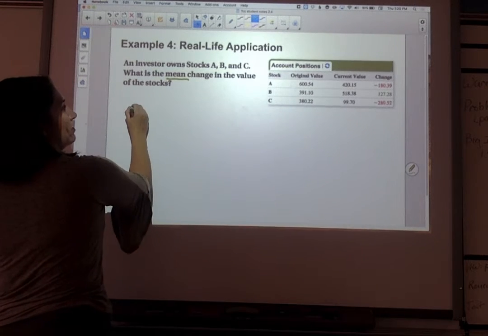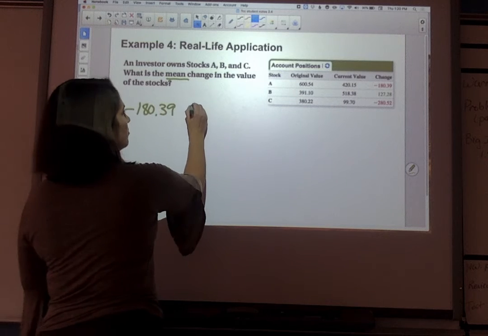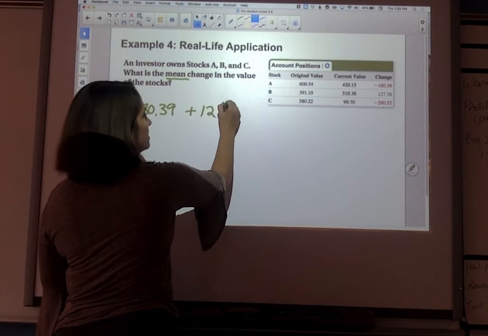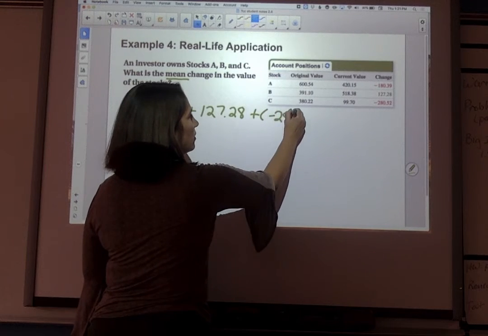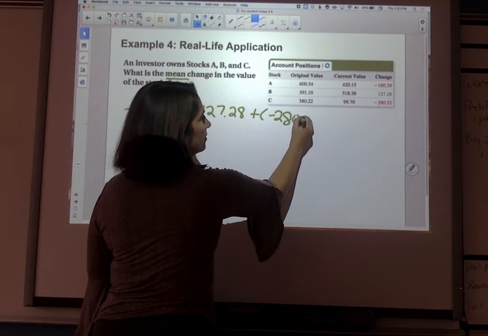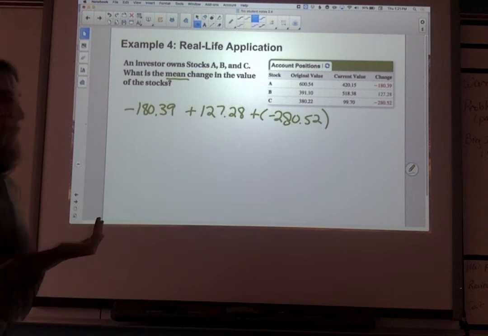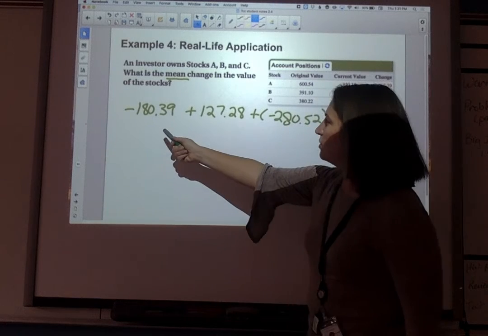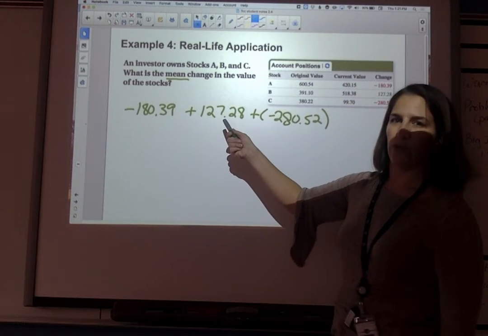I'll list this out, negative 180.39 plus 127.28 plus negative 280.52. I can combine these in any order I want. I think I'll go ahead and do negative 180.39 plus positive 127.28.